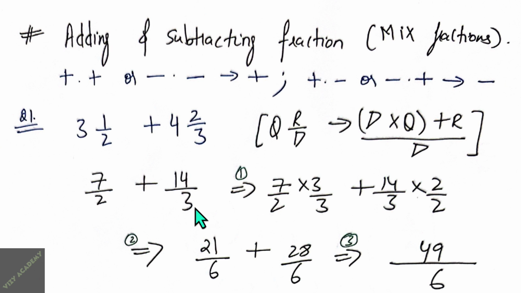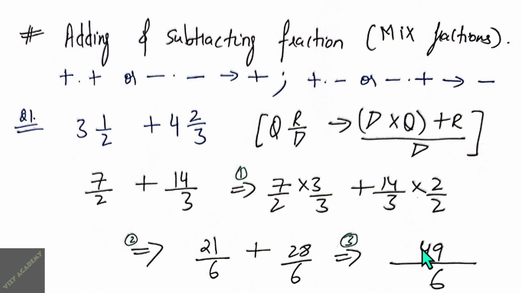But one thing to keep in mind is, as we are working on equivalent fractions, we have to multiply the numerator also by the same number. So 7 over 2 times 3 by 3 plus 14 over 3 times 2 by 2. So it changes to 21 over 6 plus 28 over 6, that is equal to 49 over 6.